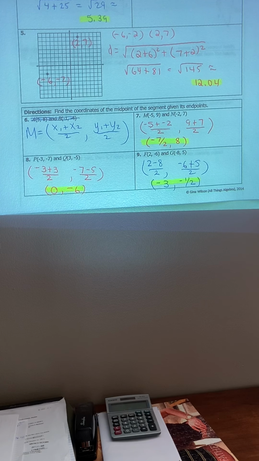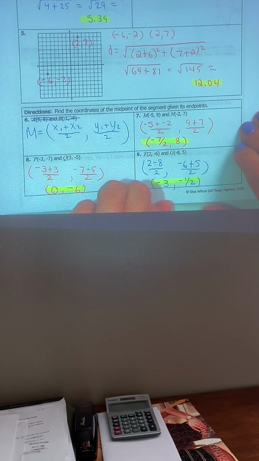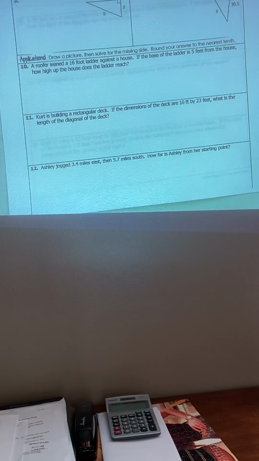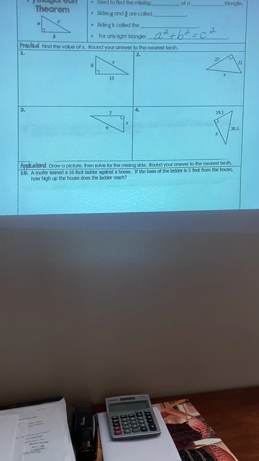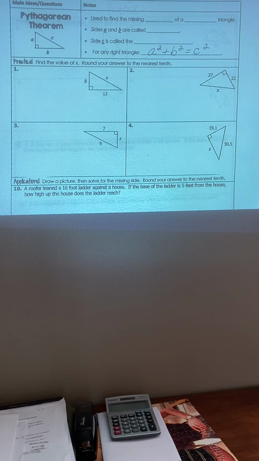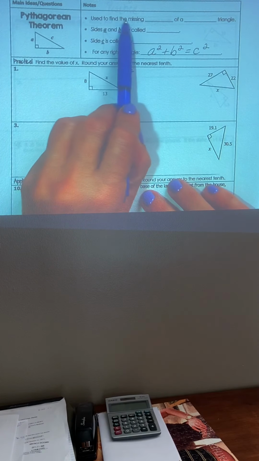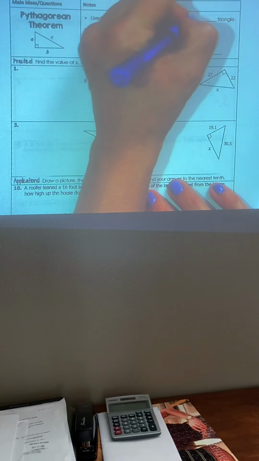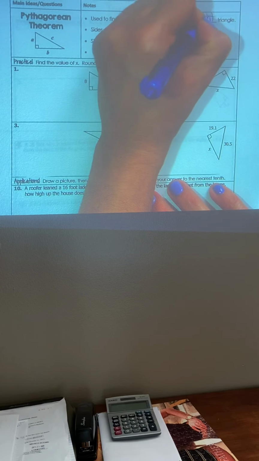Distance and midpoint. Okay, next is Pythagorean theorem. The purpose of Pythagorean theorem is about triangles, and it's used to find the missing side of a right triangle.